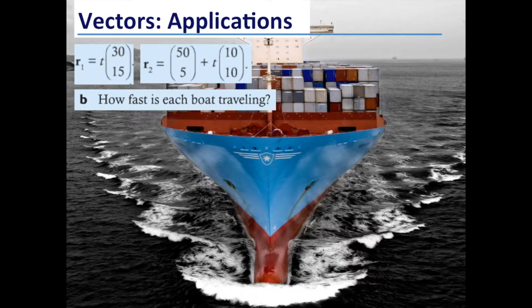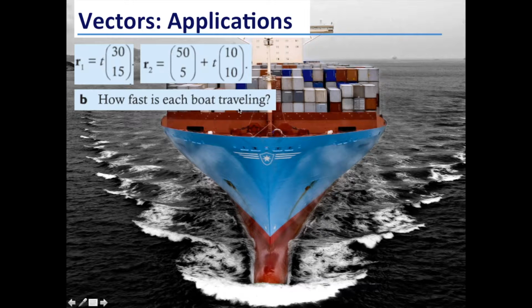Part B, how fast is each boat travelling? When you've got a vector, this first component is the position vector, and the second part here is the direction vector. We're interested in the direction vector because in this context, that is going to tell us the speed.